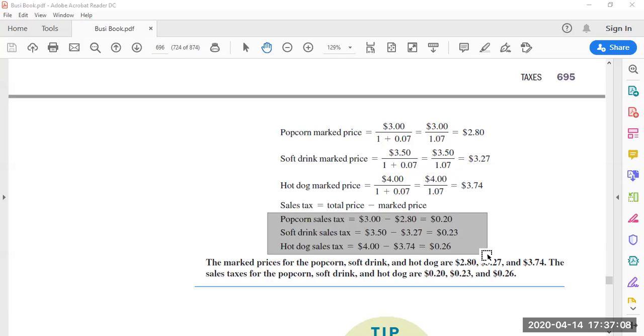So in each case, the popcorn has 20 cents tax, soft drink 23 cents, and the hot dog 26 cents. So that is an example now showing us how we can find the amount of tax and the marked price if we were given the total price and either the sales tax rate or the marked price.